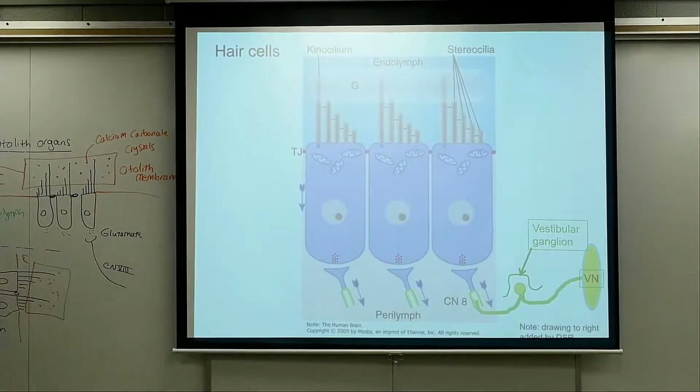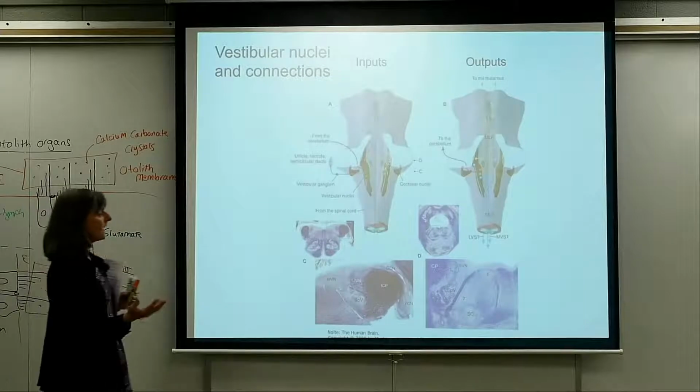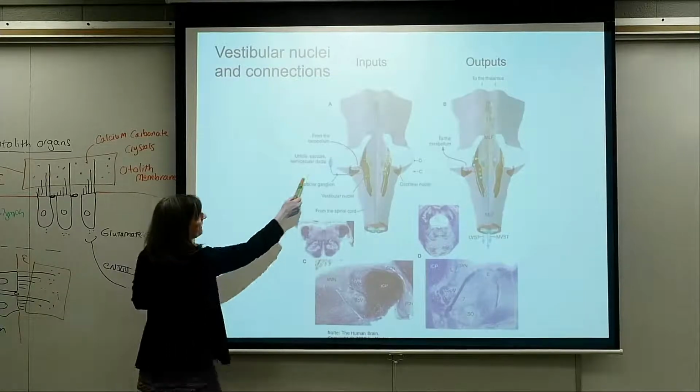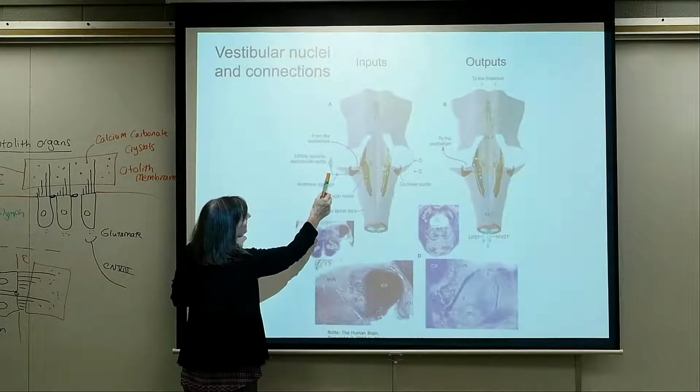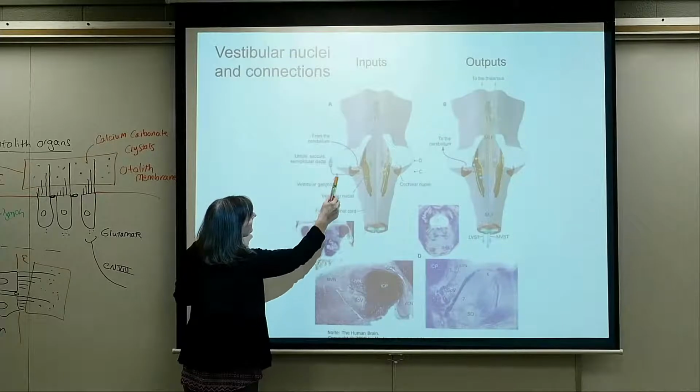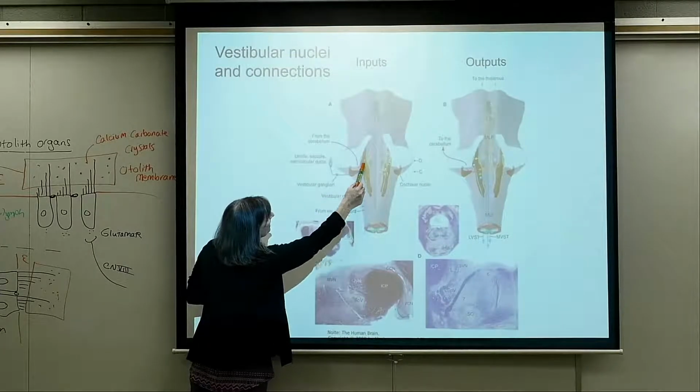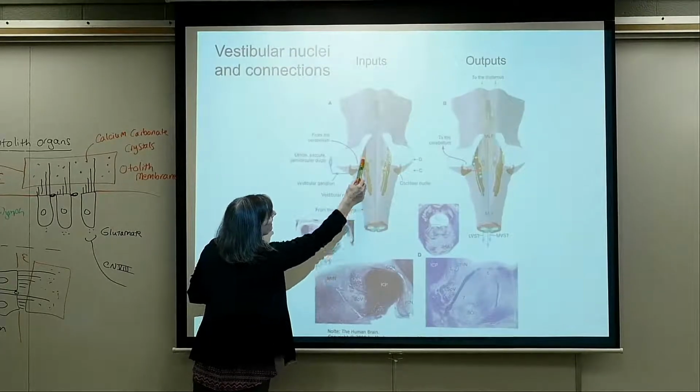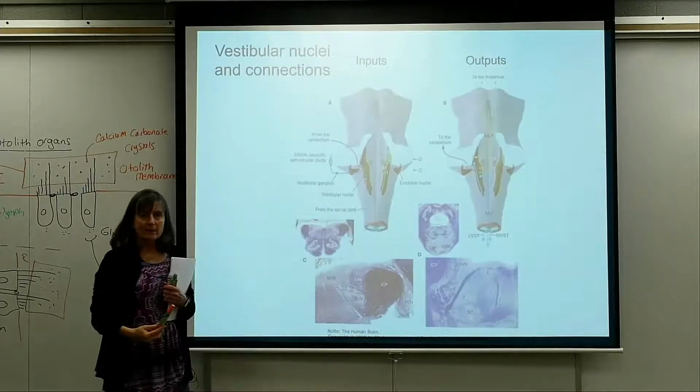So this slide is an introduction to our next lecture. Here we have our hair cell. Here's our vestibular cochlear nerve, the vestibular ganglion, and it's going to go into this vestibular nucleus on the ipsilateral side.